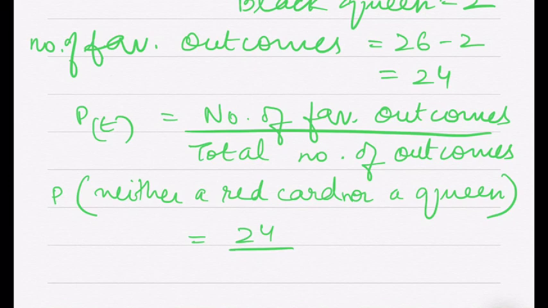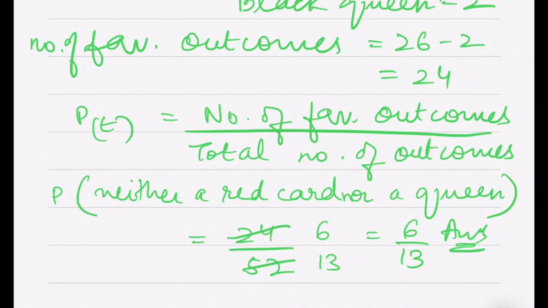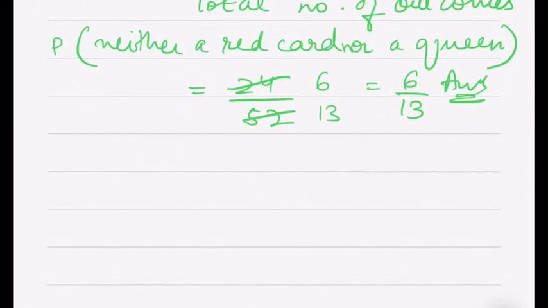So that will be equal to 24 number of favorable outcomes divided by total number of outcomes are 52. So 13 4s are 52 and 4 6 are 24. So 6 by 13 will be my answer.